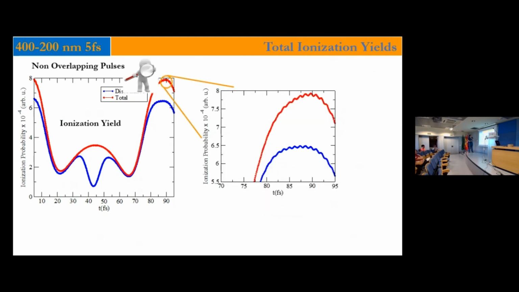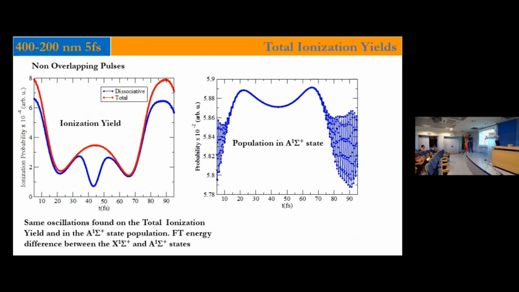Another thing to notice is that we have some weird oscillations for very short and long time delays. If we zoom in, we can see the oscillations, and this has a very simple explanation. If you plot the population on the excited state, with no ionization, for each time delay, you can recover the same oscillations at short and long delays.